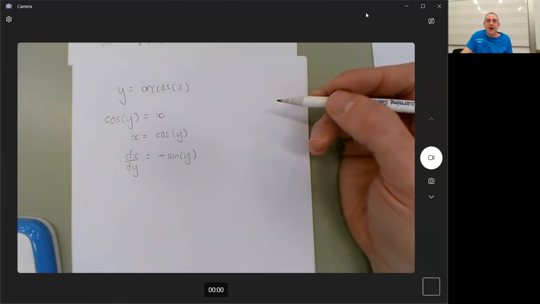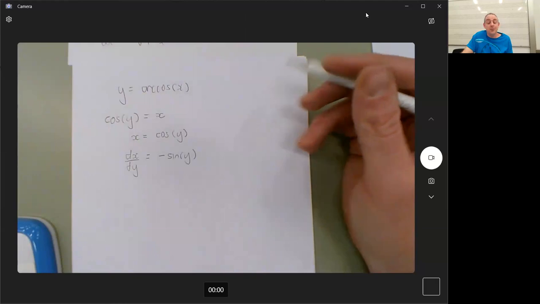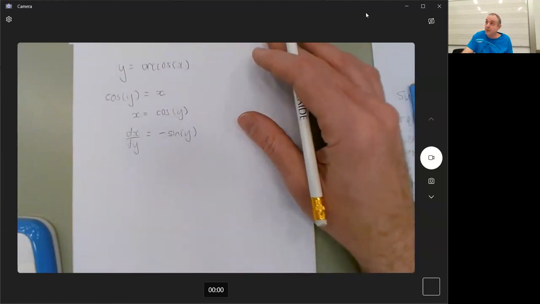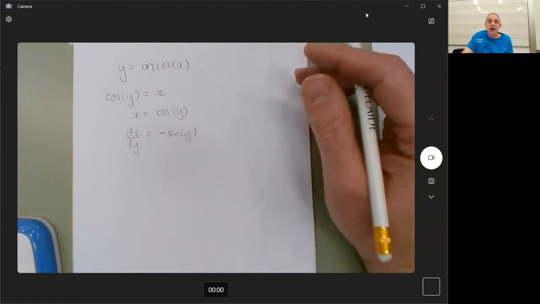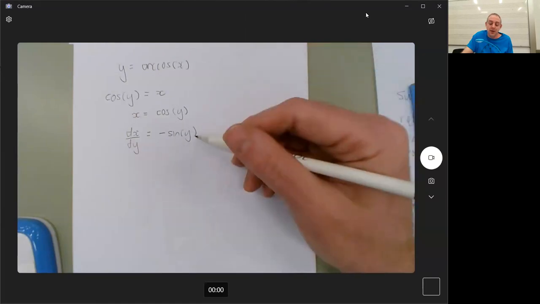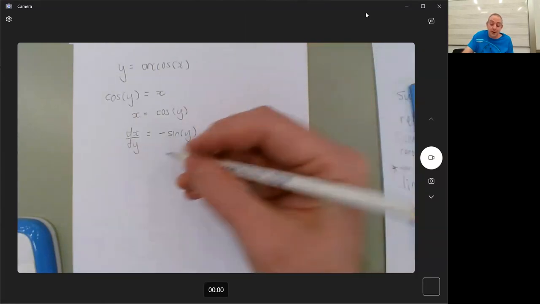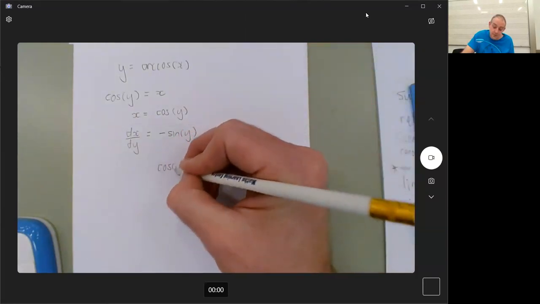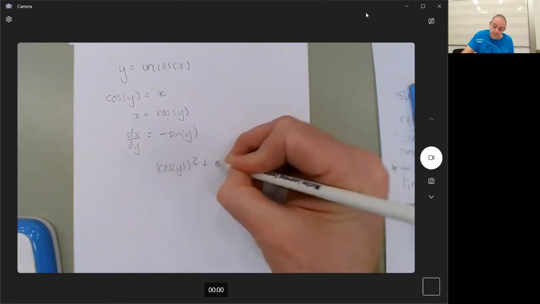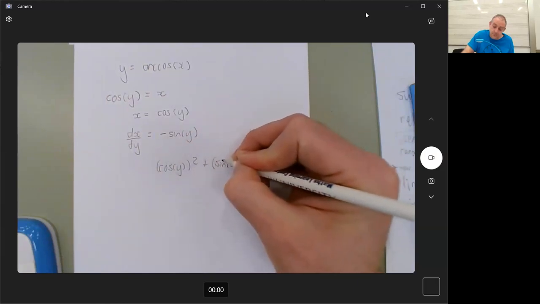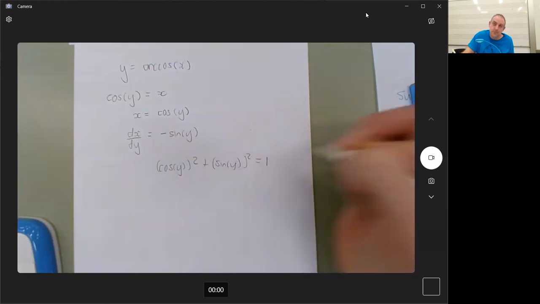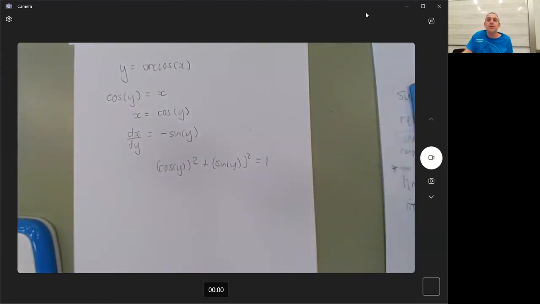So we're going to do some trig identity things. I know a trig identity that's got both sine and cos in it. And it goes like this. The fundamental trigonometric identity.